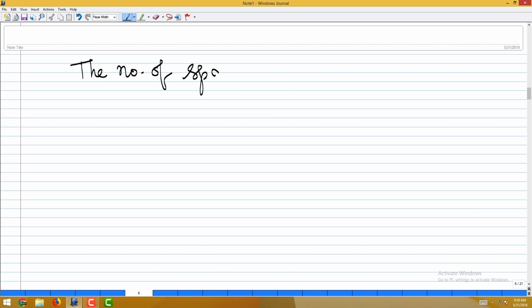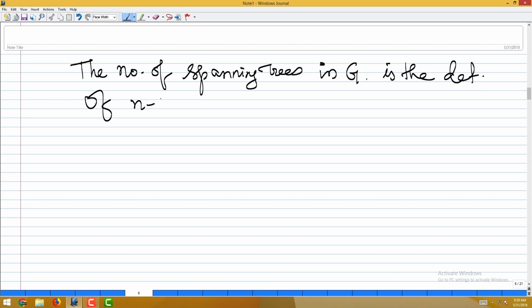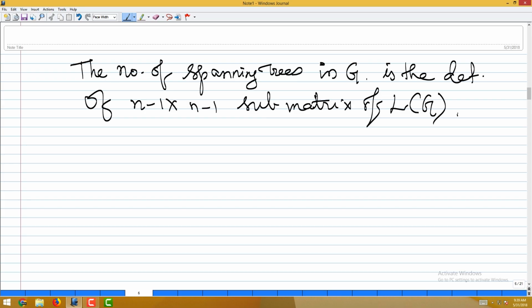The number of spanning trees in G is nothing but the determinant of n minus 1 by n minus 1 submatrix of the Laplacian of G.